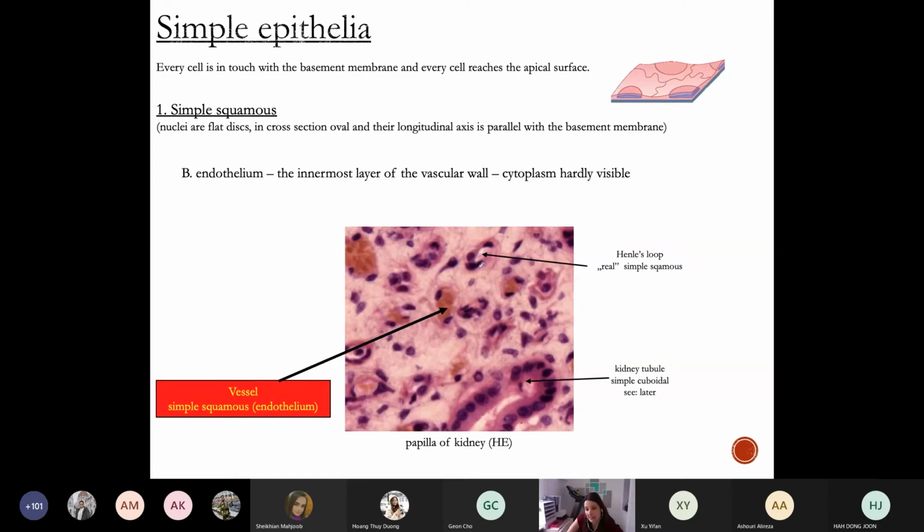Okay, while in the Henle's loop, the cytoplasm of the cell is very nicely visible, in case of the endothelial cells, the cytoplasm of the cells is usually not visible. It's a very thin cytoplasm. Okay, so you can only imagine a line connecting the two nuclei with each other.